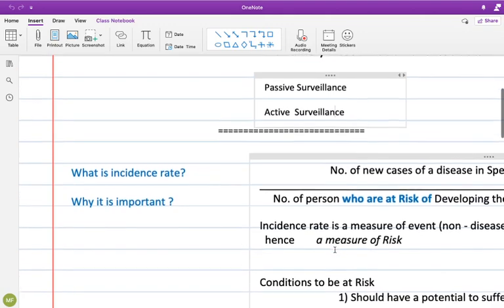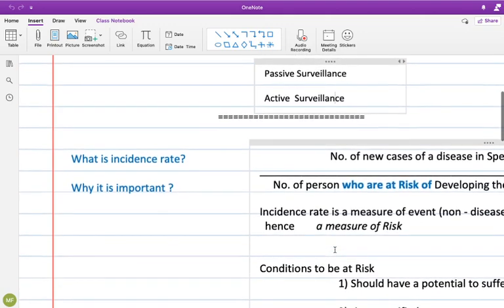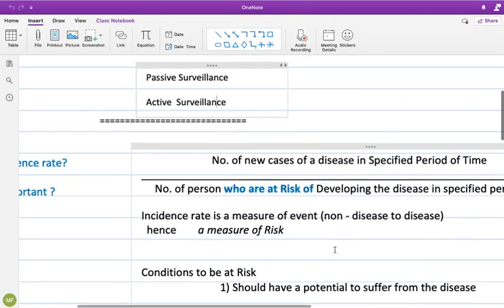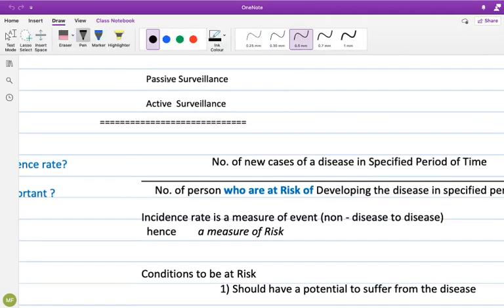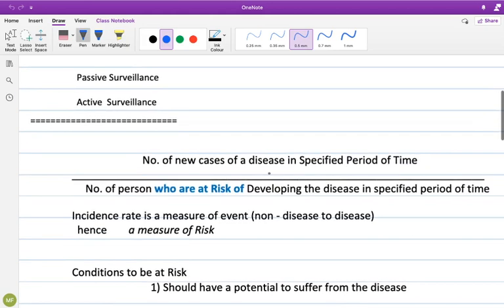Now, the next part is what is incidence rate. What we should specially focus on are the two values which are utmost important. Number one, number of new cases of a disease in a specified period of time divided by the number of persons who are at risk of developing the disease in a specified period of time.